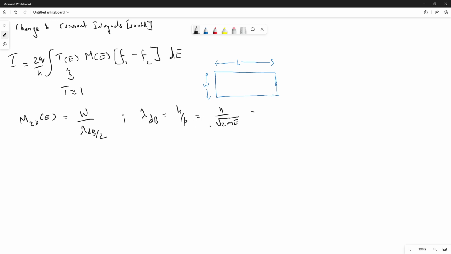So this by 2, there will be another factor of 2 here, and that divided by W. So essentially what we will have is 2W into square root of 2mE, or m star E, m star here, divided by h, is M of E.